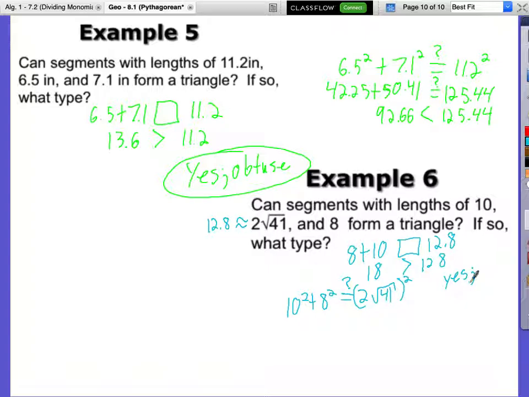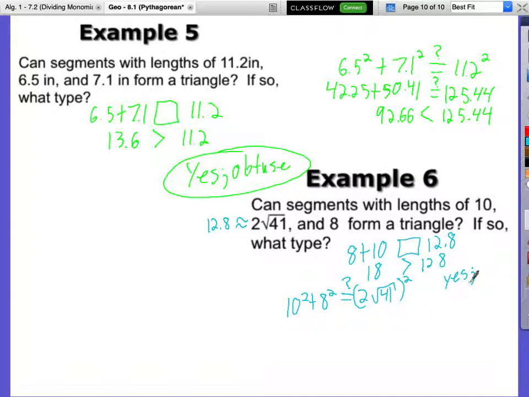Ah, so what did you do? So what number did I use? I didn't do 2 times the square root of 41 in that part. You said 12.8. But is this exactly 12.8?